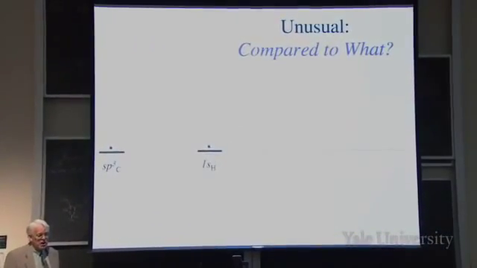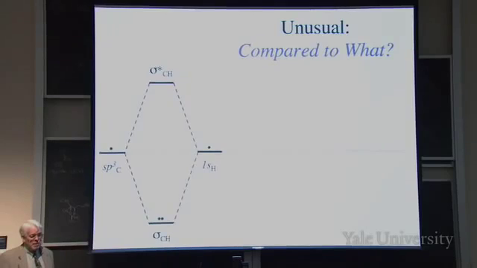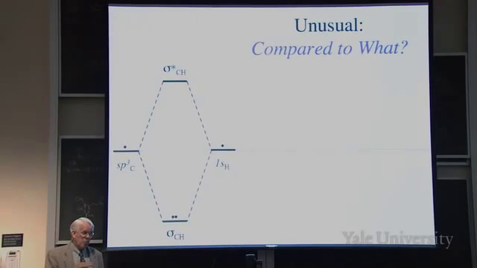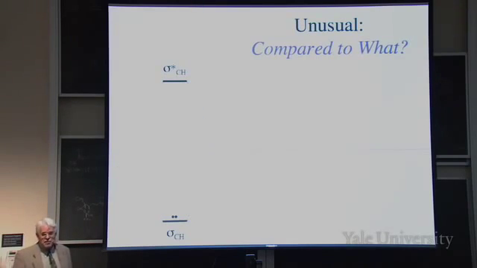Okay? So you bring two of these together, they overlap, and you get sigma and sigma star, and we've talked about that, the bonding and the anti-bonding orbital. So most of the occupied orbitals we're dealing with are CC sigma or CH sigma, and most of the antibonding orbitals are sigma star CH or sigma star CC. So those are our point of comparison.